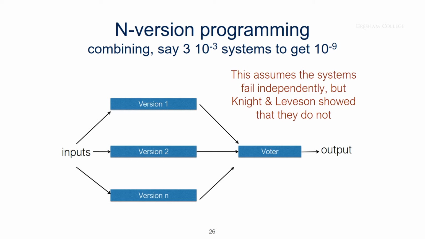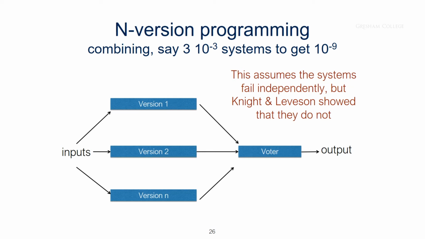And so various other ideas have been put forward as to how you get around it. And one that is quite prevalent is the notion of version programming. It's the equivalent of the hardware technique of having multiple hardware subsystems which are backing each other up.